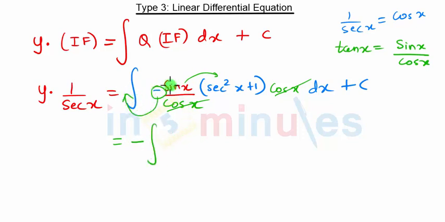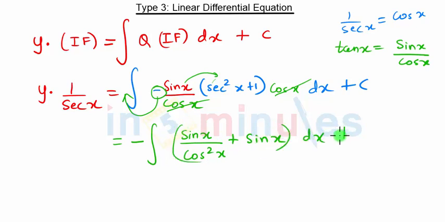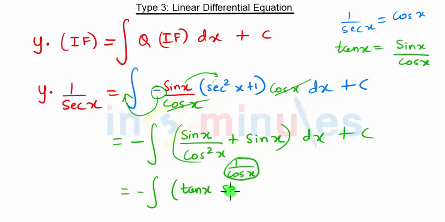So minus integration of sin x, and instead of sec square x we write 1 upon cos square x, plus sin x into dx plus c. So sin x upon cos x is nothing but tan x, and we are left with 1 upon cos x. So again we write 1 upon cos x as sec x, plus sin x into dx plus c.